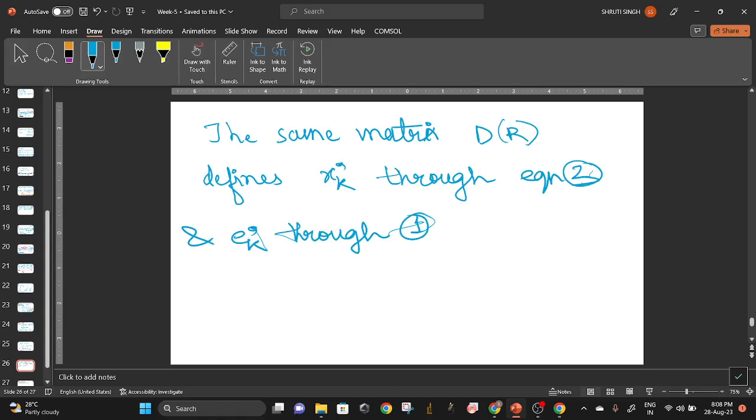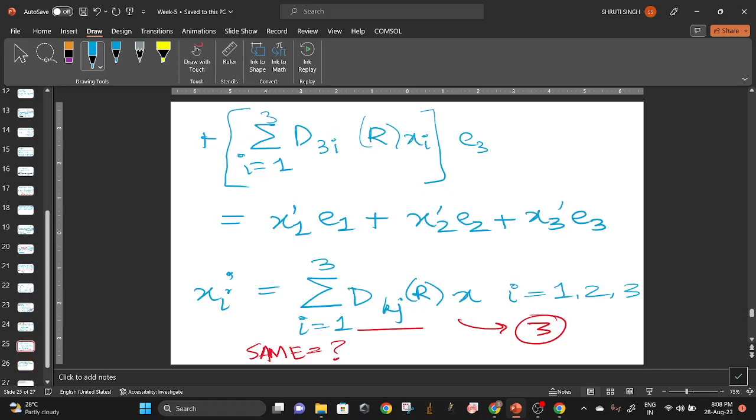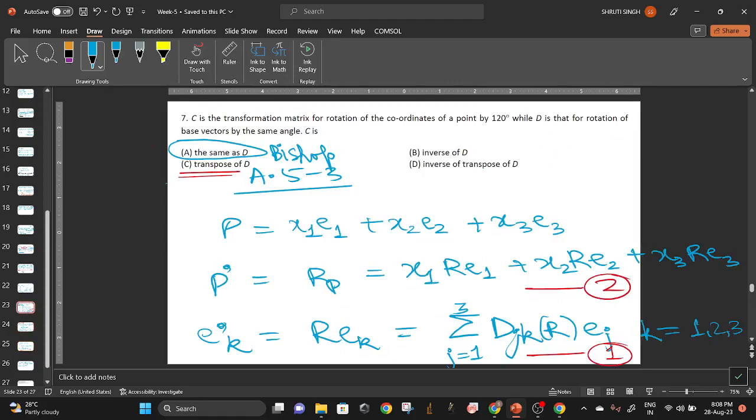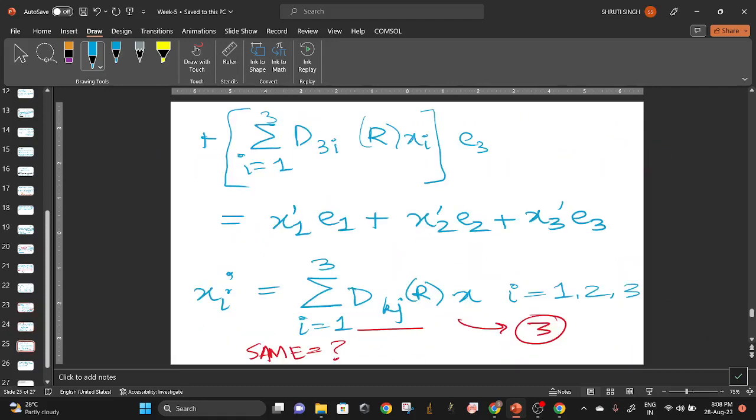So maybe I was thinking that it is because the matrix is same. So once we are using it as a transpose and once we are using it without transpose. For ek we are using it as it is, and for xk we are transposing it. But still the transpose of this matrix will not be same as the original matrix. So the answer should be transpose according to me as well.